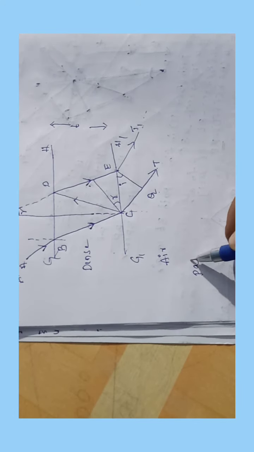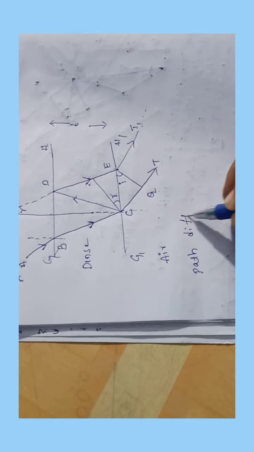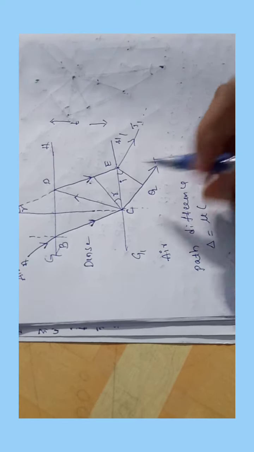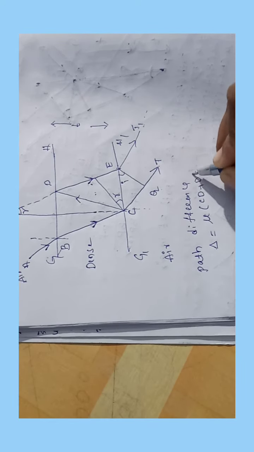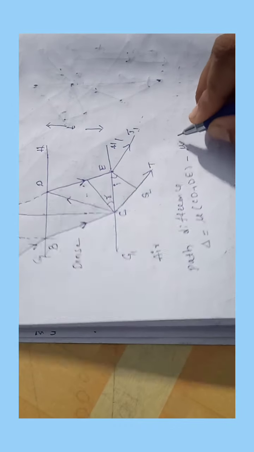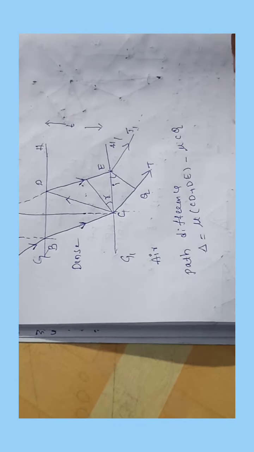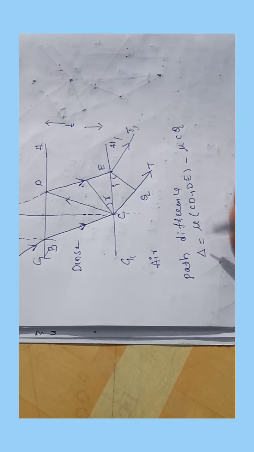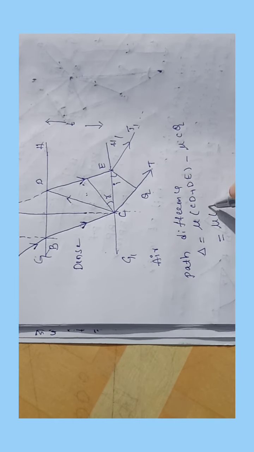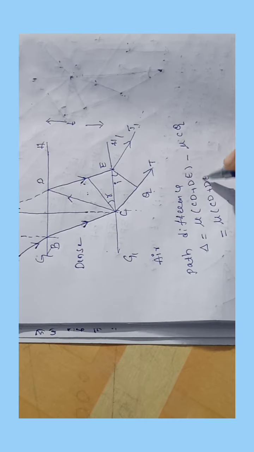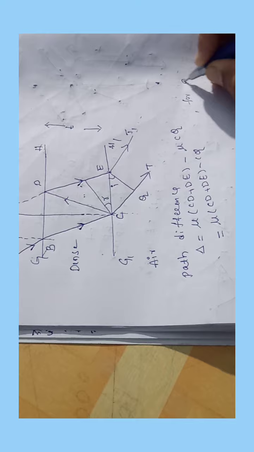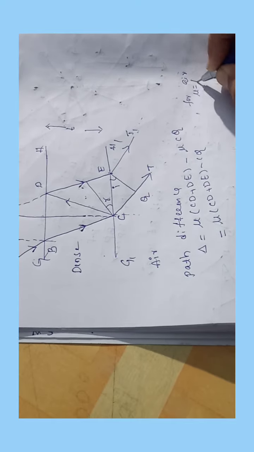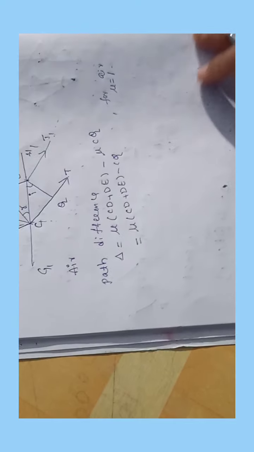So path difference delta equals mu times the path travelled in the film, CD plus DE, minus the path travelled in air, that is CQ. That is, mu (CD plus DE) minus CQ, since for air the refractive index is equal to 1.